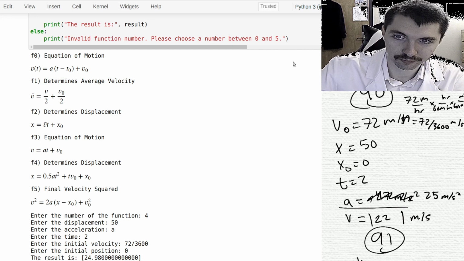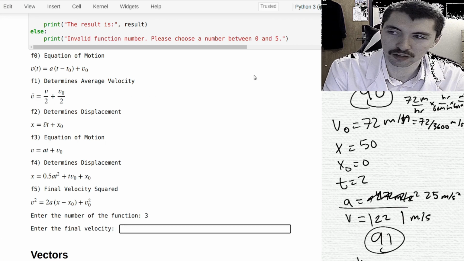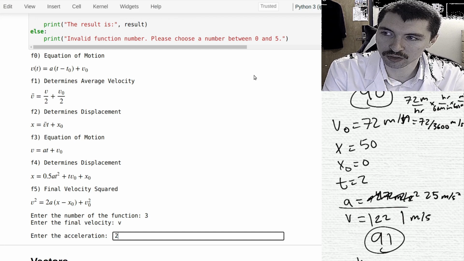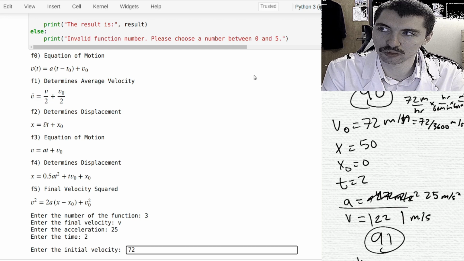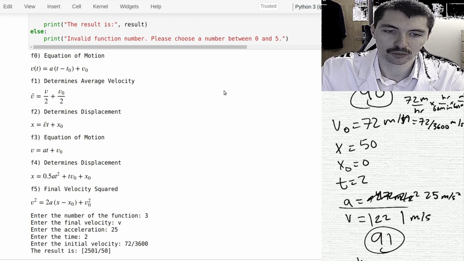Okay, I think we plug this into equation 3. So final velocity we're solving for, 25, 2 seconds, 72, 3600. Okay, 25.